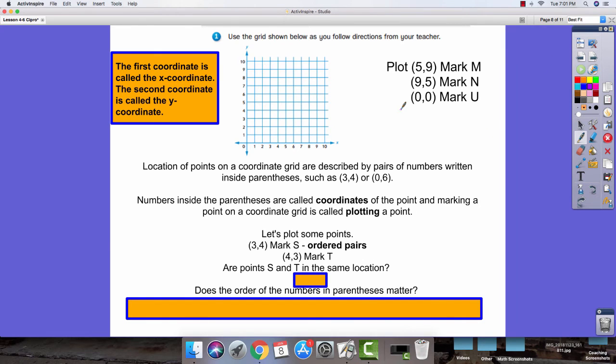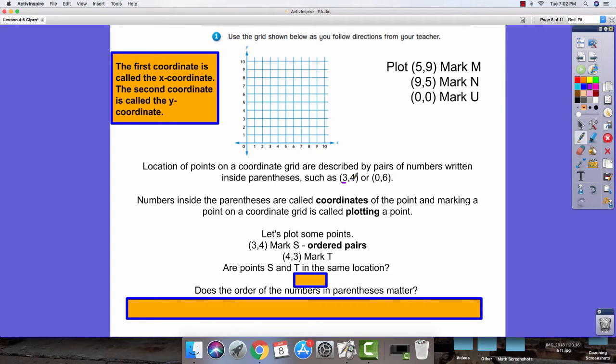All right, let's take another look at this now. Okay. So location of points on a coordinate grid are described by pairs of numbers that are written inside parentheses. For example, I can say that this is the ordered pair 3, 4. And I always have a comma to separate my two numbers.